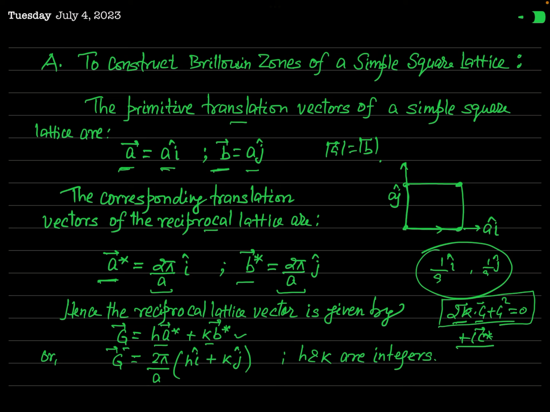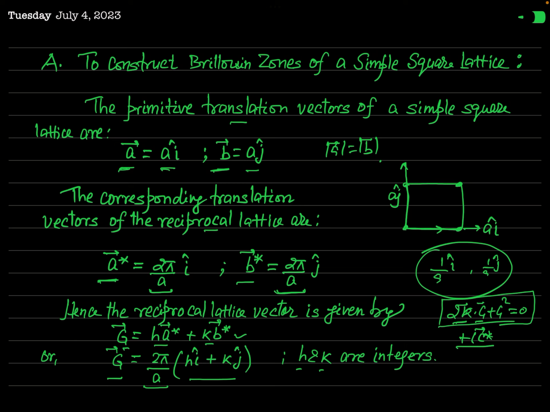But you can see a star is 2 pi over a i, b star is 2 pi over a j. So let us substitute the values of a star and b star as we have defined, and so you can say that this reciprocal lattice vector capital G is equal to 2 pi over a times H i plus K j. And you know that H and K are integers.